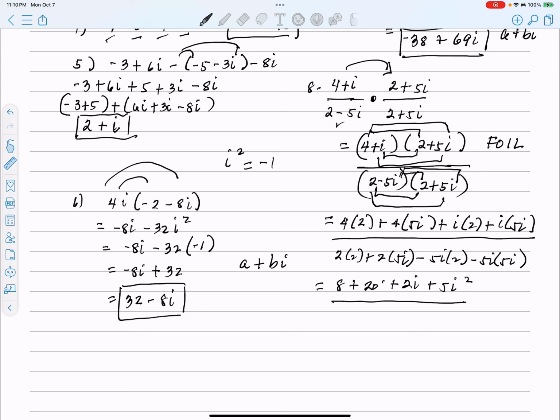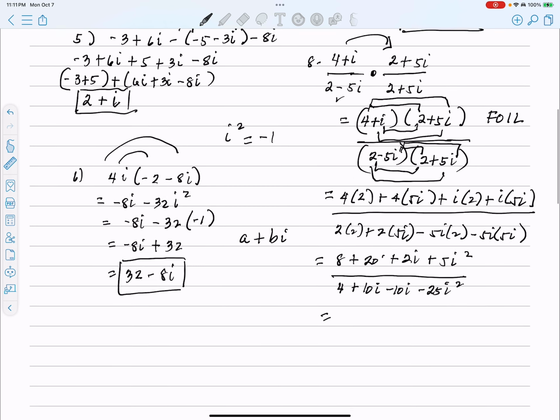The denominator is 2 times 2, that's 4. Then you have 2 times 5, that is 10i. Then negative 5 times 2, that is negative 10i. Then negative 5i times negative 5i, that is negative 25i squared.